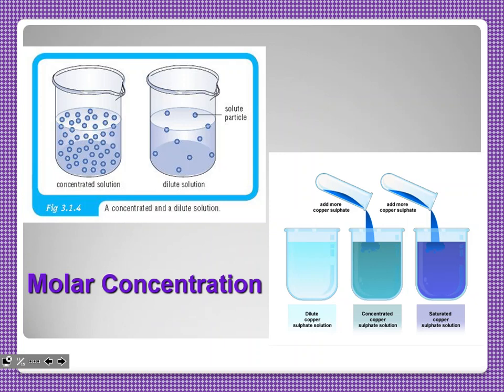If it's a colored solution, the color that's more dark is going to be more concentrated and have more particles in it. The other diagram just shows you one that would be considered concentrated versus one that would be considered dilute, where there is less particles per amount of water. So that's really what we're looking at here. And you're going to be using solutions in the reactions lab, so definitely need to know what concentration means.